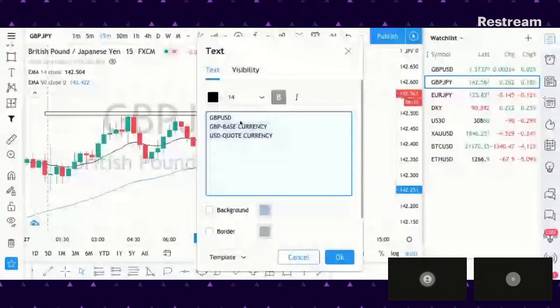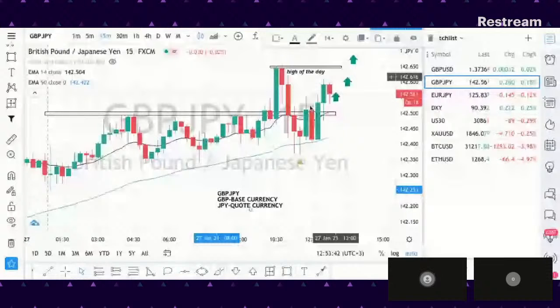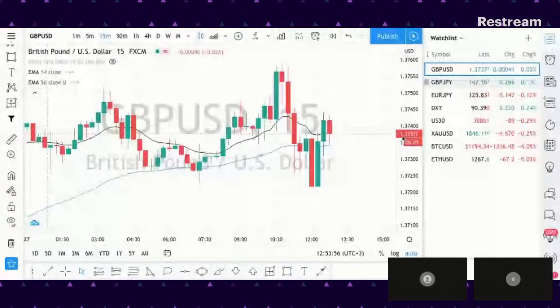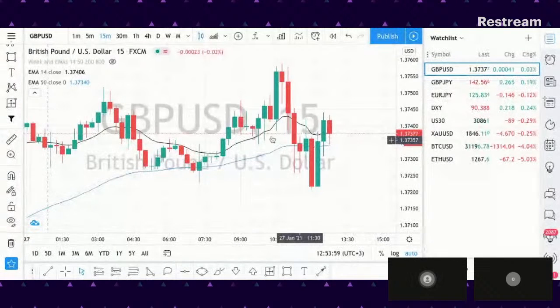Let me correct that. So what this means is that one Great Britain pound is equal to 142 units of Japanese yen. If we look at GBP USD, right now it is at 1.37. That means one Great Britain pound is equal to $1.37.